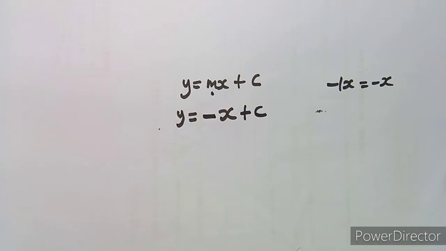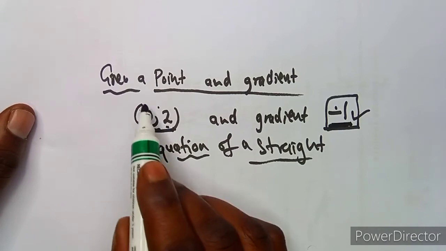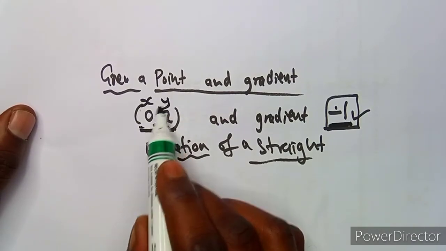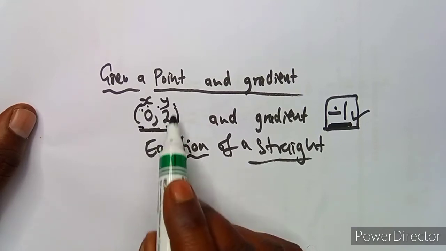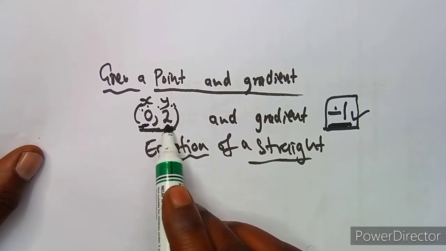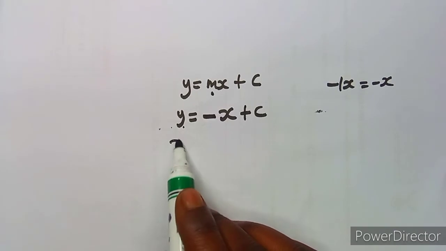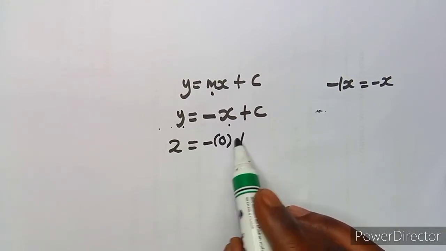We can just write the value of c, but how are we supposed to calculate this value of c? We are supposed to substitute this point, 0,2, where x is 0 and y is 2. Remember, a point is written in terms of x and y. So in place of x, you substitute 0, and in place of y, you substitute 2. So it's minus 0, which is actually 0.